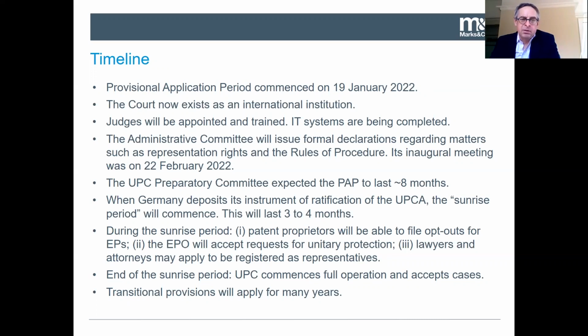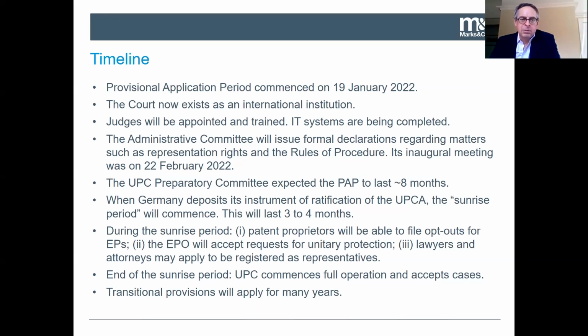Now, the provisional application period has now begun. It means that the UPC exists as a legal and an international institution. The judges are going to be appointed. The IT systems, as I said, will be completed. It means that there is now a formal administrative committee, which is very important for the functioning of the court.